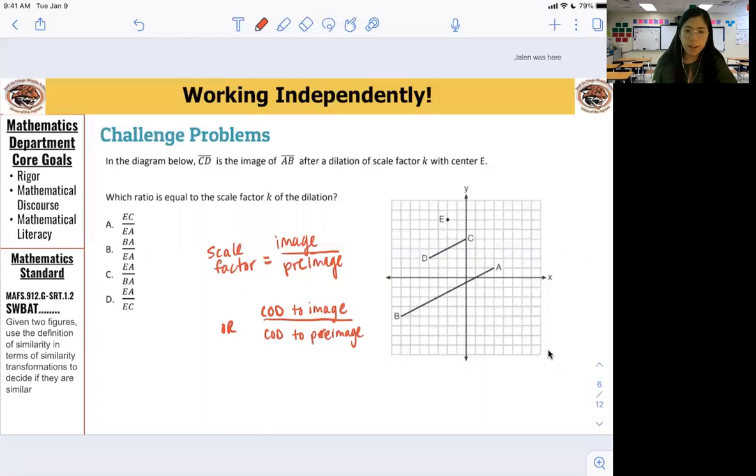So in this case, the image over the pre-image would be BA over DC, but there's no answer choice like that, is there? So they're not using this situation, they're doing the other one, where you go from the center of dilation to the image, and then from the center of dilation to the pre-image. So which one is putting it in the correct order?